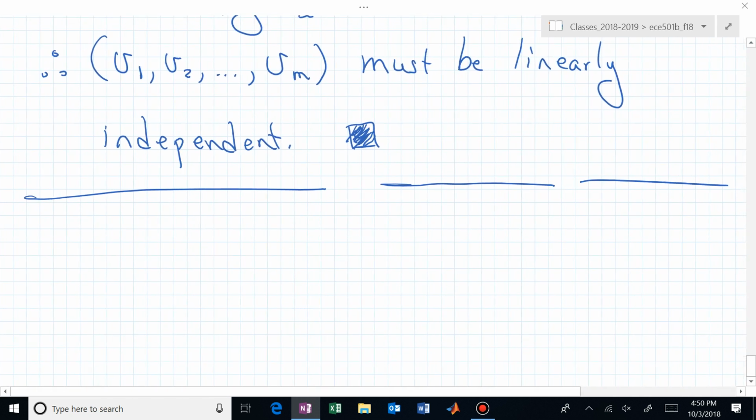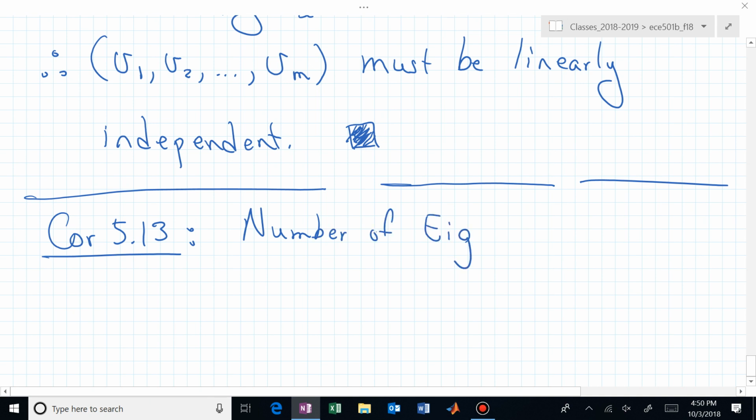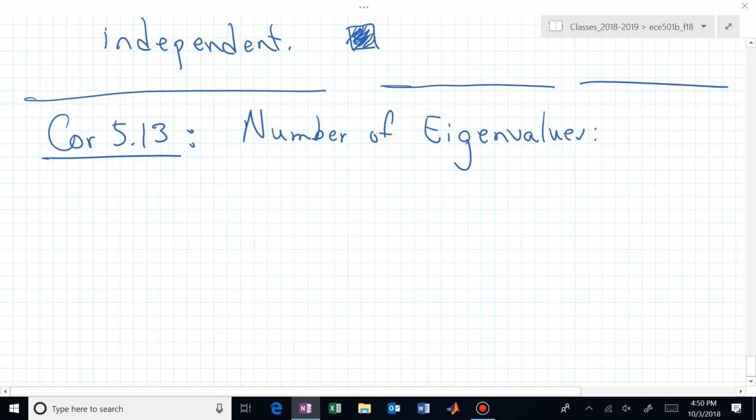Let's now look at a corollary. We'll just state this. This is now corollary 13, and this is dealing with the number of eigenvalues associated with a linear operator.